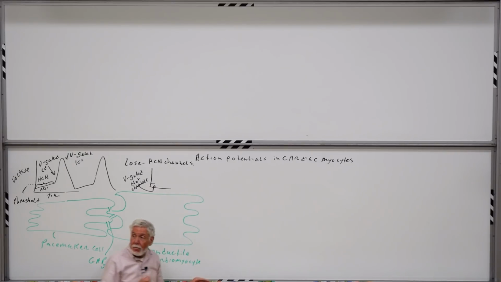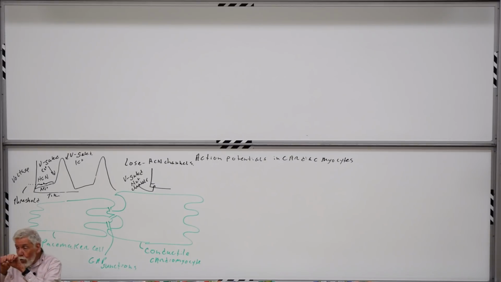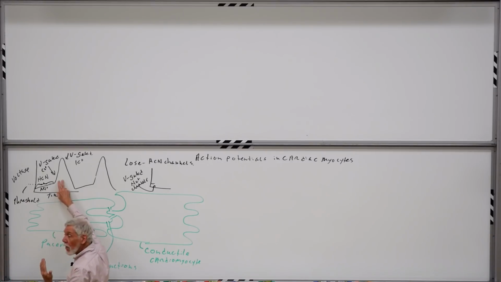Okay? Yes? Between the SA node and the AV node, are they all pretty much the pacemaker cell, or is it like pacemaker cells and conductile cells and then another set of pacemaker cells? My understanding is those ribbons of cardiomyocytes between the SA node and the AV node are all pacemaker cells that look like this.